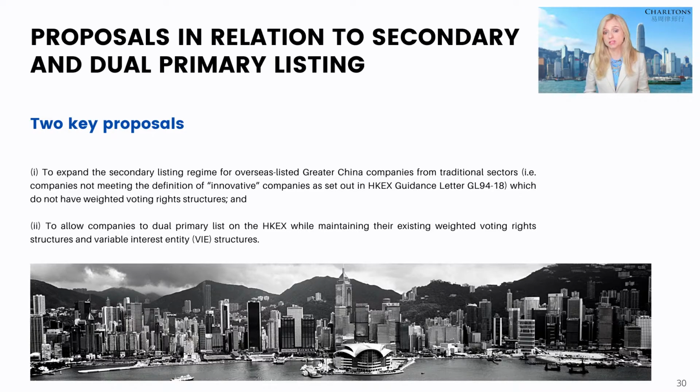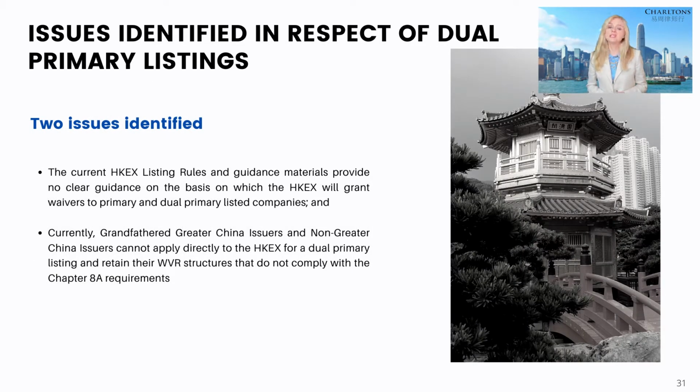In the context of dual primary listings on the Exchange, the consultation paper identifies two main issues. First, the current listing rules and guidance materials provide no clear guidance on the basis on which the Hong Kong Exchange will grant waivers to primary and dual primary listed companies.